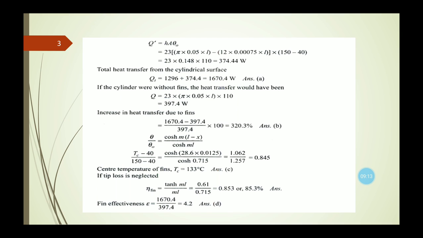So these values are known to us, and ml is also known to us. So ultimately we are getting the ratio of these two temperature differences as 0.845. So that means from this new equation or relation we can calculate the center temperature of the fin Tc, this is equals to 133 degrees centigrade. This is the third part of this numerical.